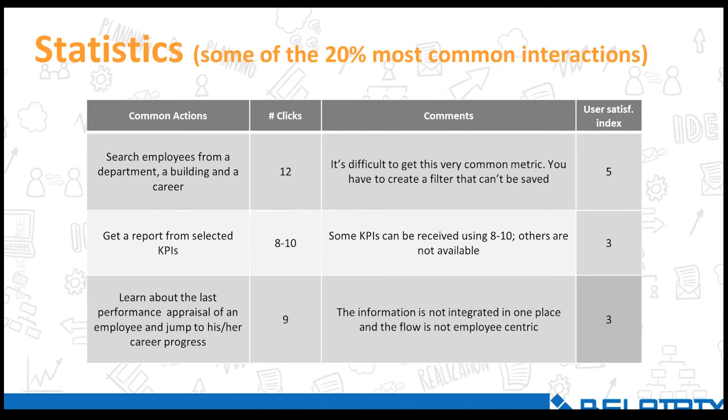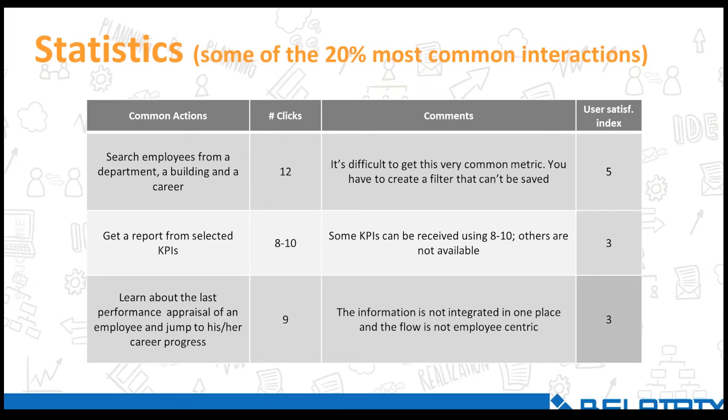So everything has to be measured in UX. What you don't measure can't be improved. So you need a lot of metrics about everything. Here we're just listing a few actions that were the most common ones to see how the people reacted to them.